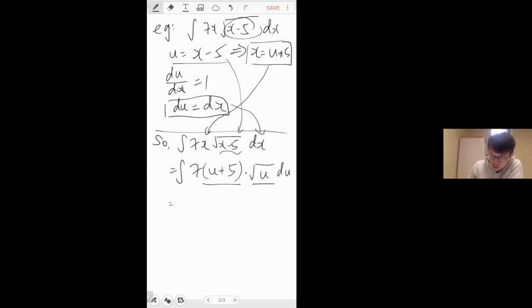No. This is a product of two functions, and when you take the integral of a product of two functions, you cannot find the integrals separately and then say that it's the product of the integrals, right? That's what we did before. So we cannot do that. What else can we do?